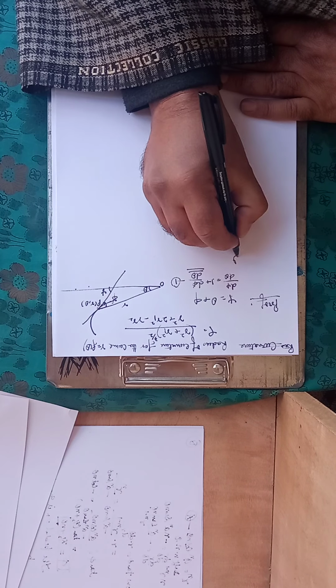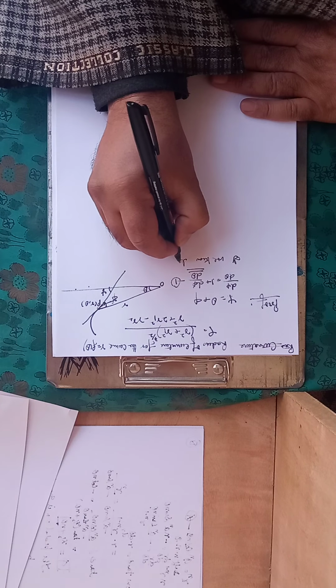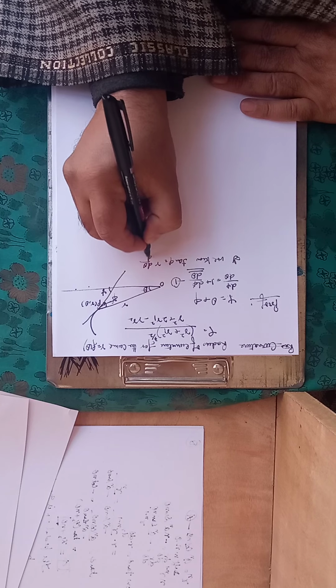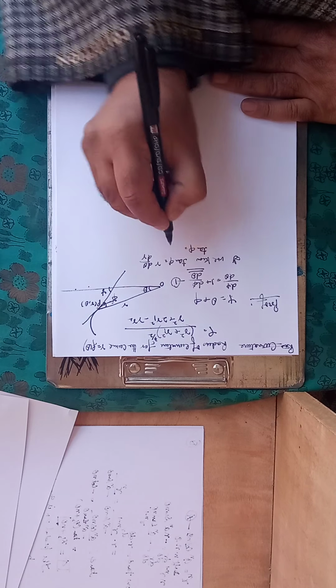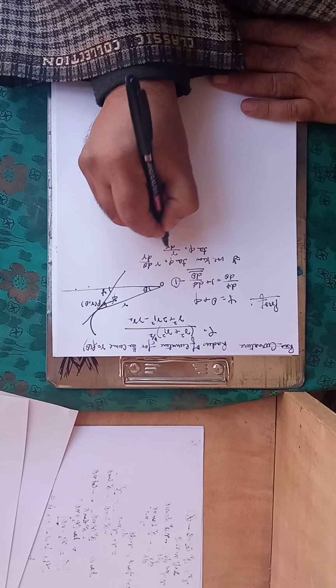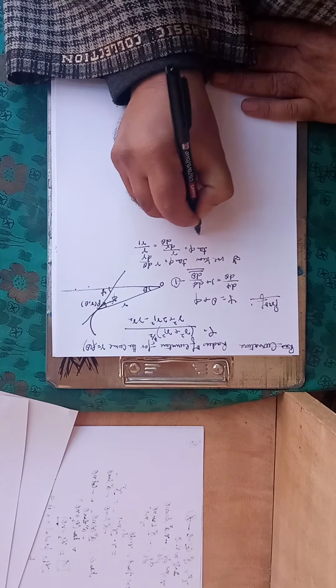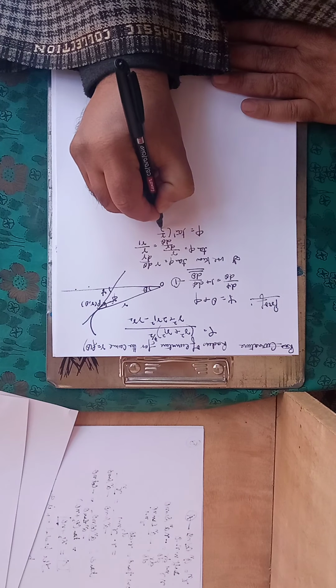Now we know tan phi is r d theta by dr. Everybody knows it by now. So tan phi is r by dr by d theta, or r by r1. So phi is tan inverse of r by r1.